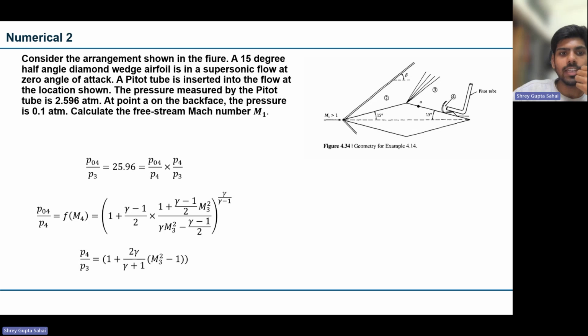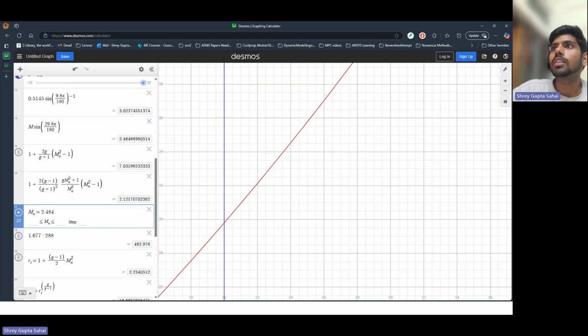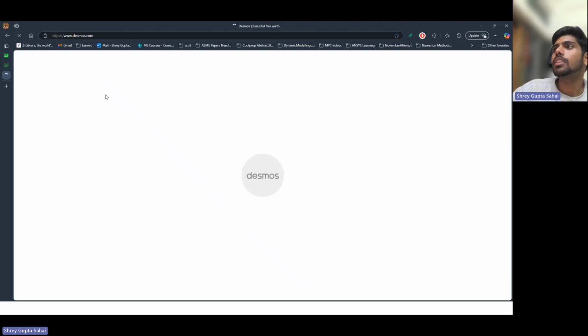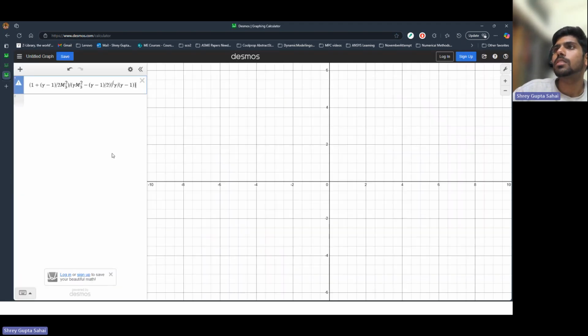Now we have to actually find this relation out. So now what I'll do is I'll open another graphical thing. We'll calculate it again.